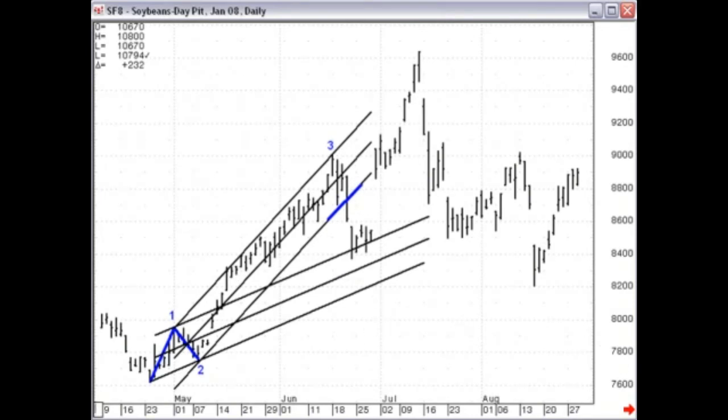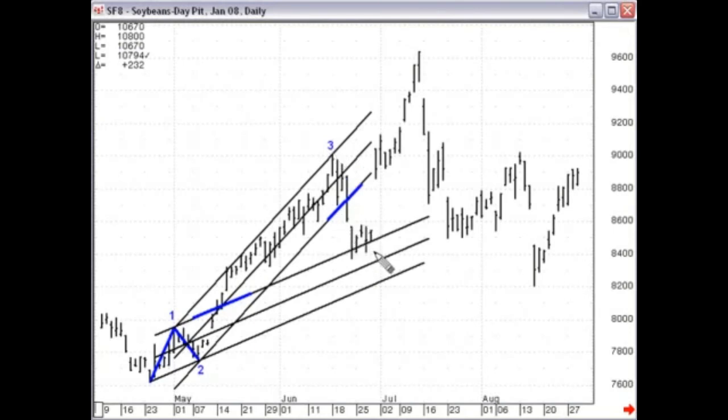So let me just highlight some strong points with regard to the application of the channeling technique. Once prices move above the upper boundary line of the base channel here, we know with a high degree of confidence and a high degree of probability that the ensuing price move is indeed a third wave. Once prices break the lower boundary line of our acceleration channel, then again we know that this is actually a fourth wave pullback.